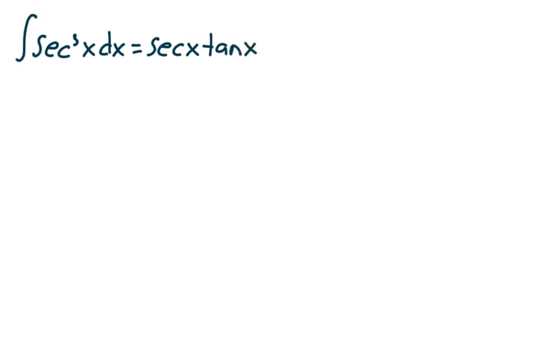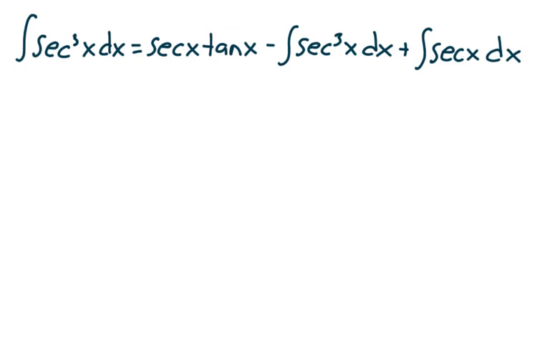So I'm going to write this as follows. The integral of secant cubed x dx is secant x tangent x minus the integral of secant cubed x dx, and then plus the integral of secant x dx. I'm going to take this second term and add it over to the other side, and when I do, that makes two of them.